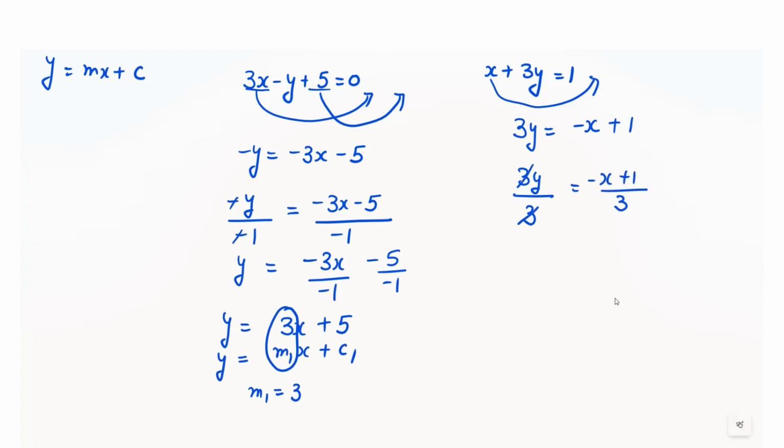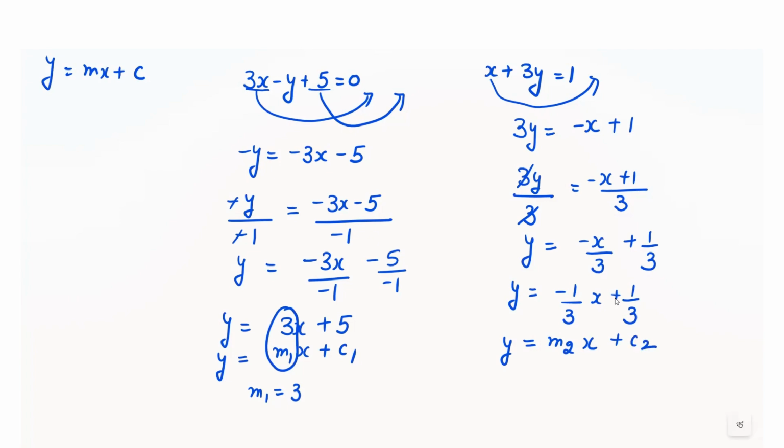Now this 3 and 3 will cancel. y is equal to, now we have to expand it, -x over 3 + 1 over 3, and this can be written as y = -1/3 x + 1/3. Now I will compare this equation with y = m2x + c2, where the value for m2 is -1/3.